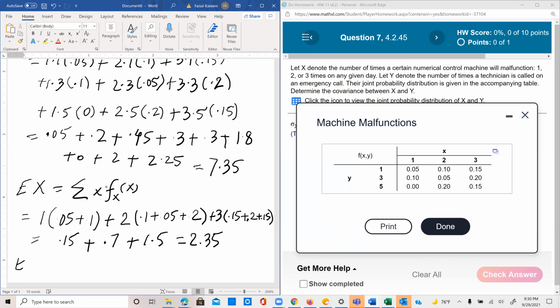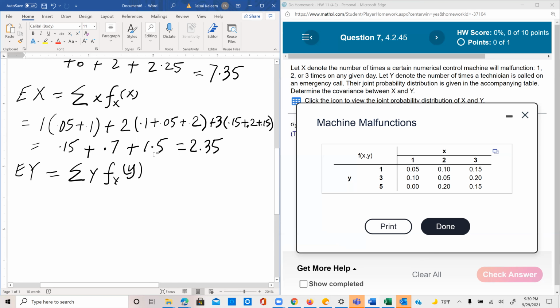Okay, now we find E of y. That's the summation of y against the marginal distribution of y. And so when y is 1, we have 0.05 plus 0.1 plus 0.15. Plus when y is 3, we have 0.1 plus 0.05 plus 0.2.